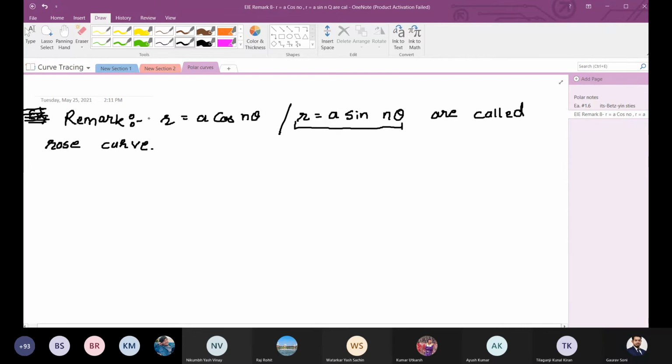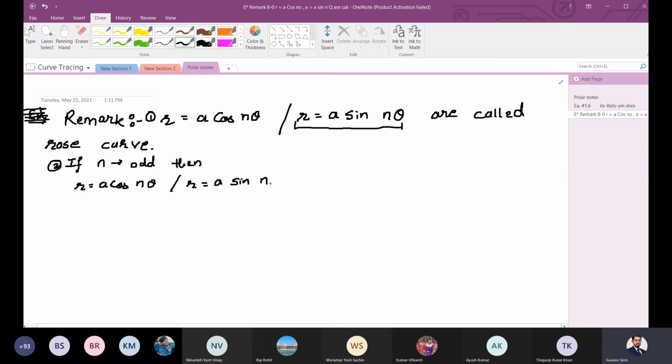Then this is remark number 1. Second, if n is odd, then R is equal to A cos n theta or R is equal to A sin n theta consists of n loops.